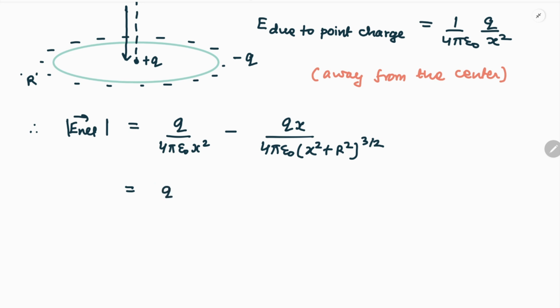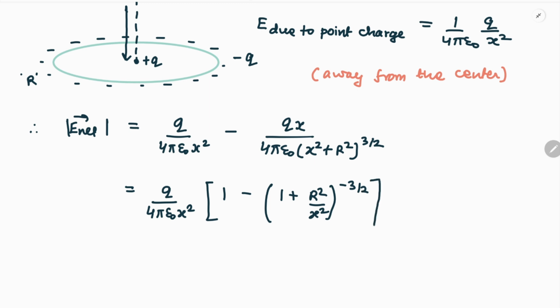So we are writing it as Q upon 4 pi epsilon naught x square times 1 minus x upon (x square plus r square) to the power 3 by 2, since this term is taken out.